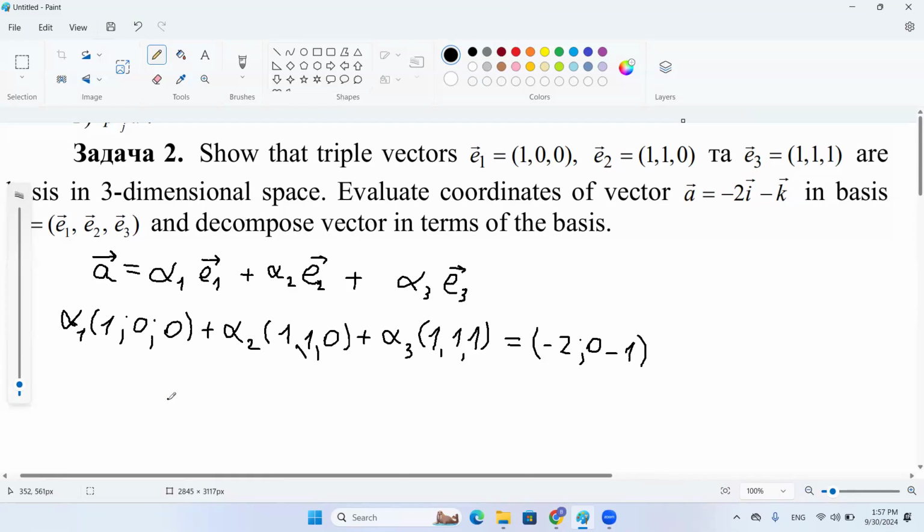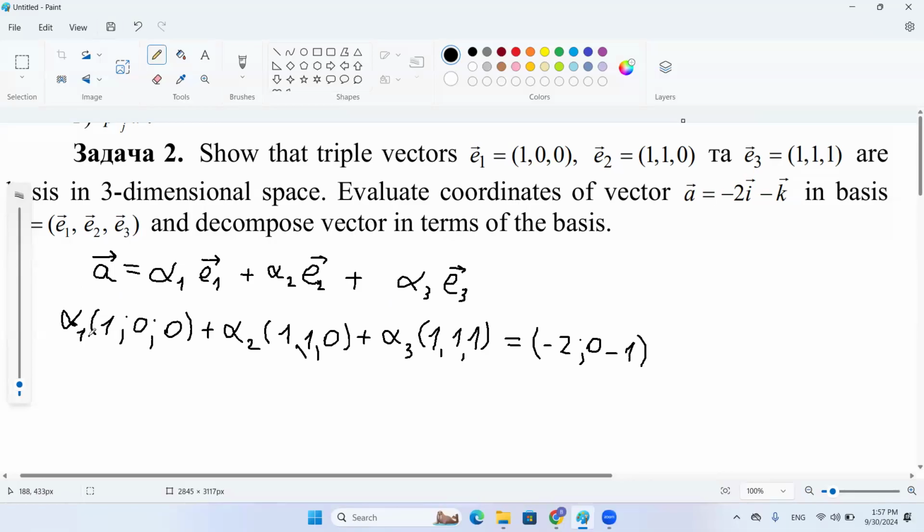For example, -2 multiplied by 1, 0, 0. Not correct. Actually, here we need to find coefficients alpha 1, alpha 2, and alpha 3. And then we will be able to... so that's the formula of basis decomposition.